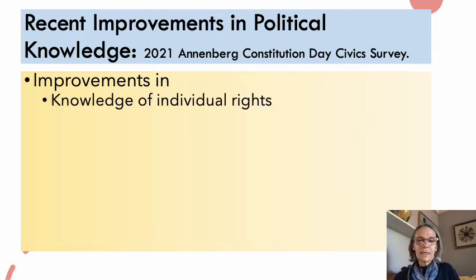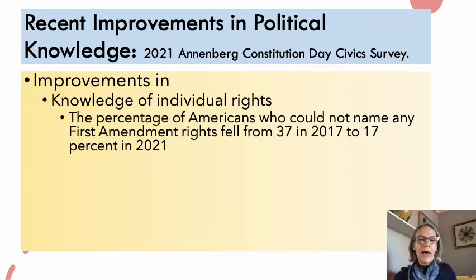In particular, we've seen an improved knowledge of individual rights. In 2017, 37% of Americans couldn't name any of the 5 rights listed in the First Amendment. But today, only 17% of people can't name any of the rights.